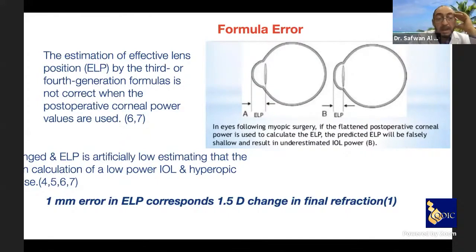In an eye following myopic surgery, if the flattened postoperative corneal power is used to calculate the effective lens position, the predicted effective lens position, because it's mathematical in the third generation, will be falsely shallow and result in underestimating the IOL power, then a hyperopic shift. A 1 millimeter error in effective lens position corresponds to a 1.5 diopter change in the final refraction.